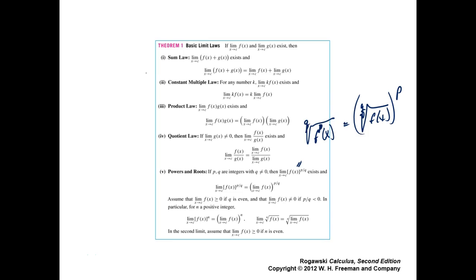Especially if you consider the constant multiple, what if that number were -1? Then the limit of -1 times f of x would be -1 times the limit of f of x, and that feeds back into this one, and that's why subtraction still works. Okay. And then they wanted to remind you of the 2 limits we had at the very beginning, and let me write them down here and see if you remember those.